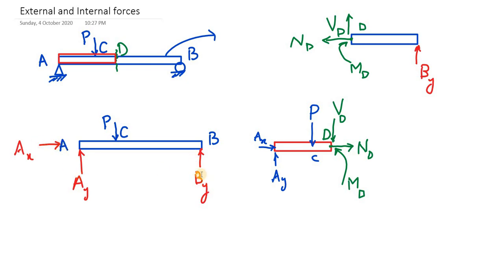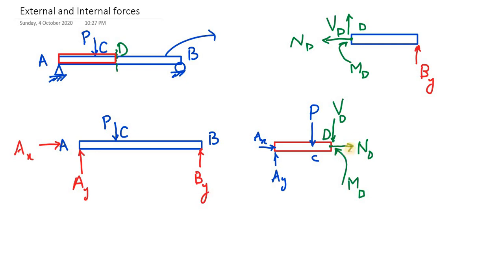The same goes over here. The initially shown direction does not matter, because once you set up the equilibrium equation, the final sign that you get, for example for AY, if you get a positive answer, what does that mean? That positive answer means that the initially shown direction on the free body diagram is correct. Similarly for AX and BY. The initial choice is not compulsory. There is no guideline regarding that.